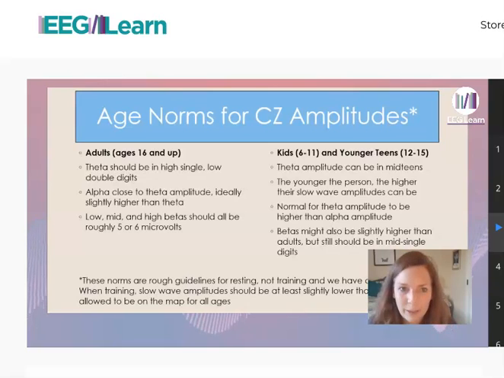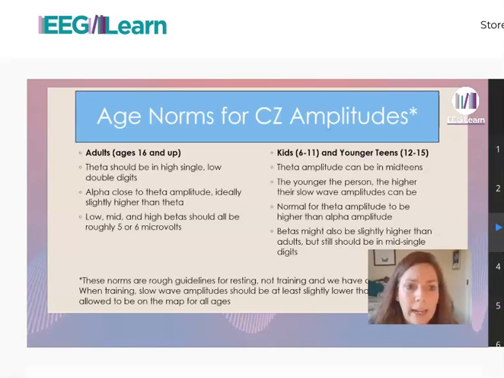But just be aware, kind of like my graduate school professor said about theoretical orientations, you want to wear those like a loose garment, okay? But this is going to at least help us make sense of what we're seeing. So for adults, theta amplitude should be in the high single or low double digits, roughly around 10 microvolts.